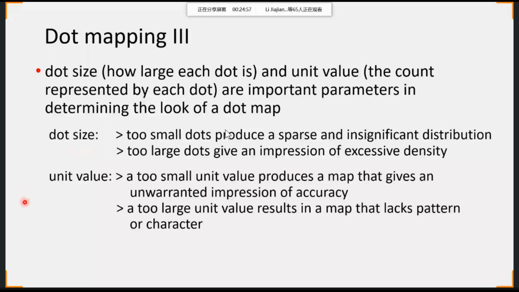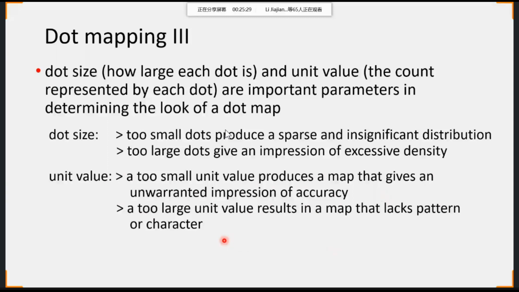A too small unit value produces a map that gives an unwarranted impression of accuracy. So the impression of accuracy is higher than it really is. We should always think of the level of accuracy that we can get from certain data, from a certain resolution of the data.